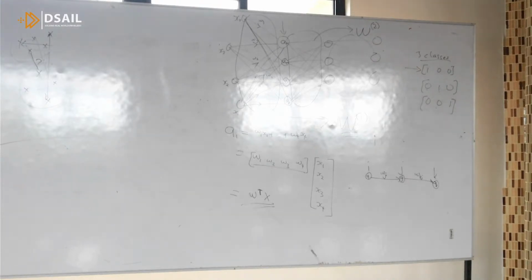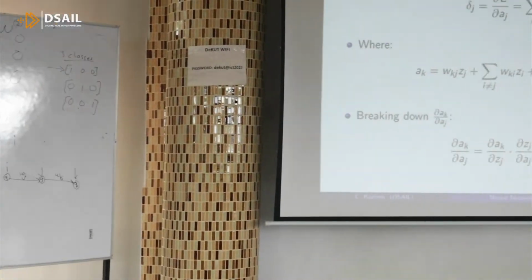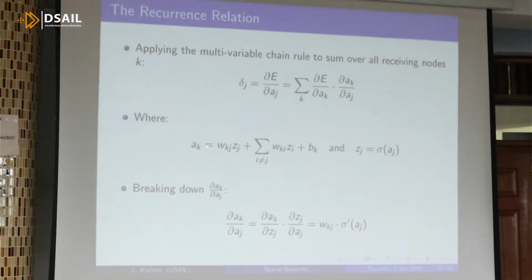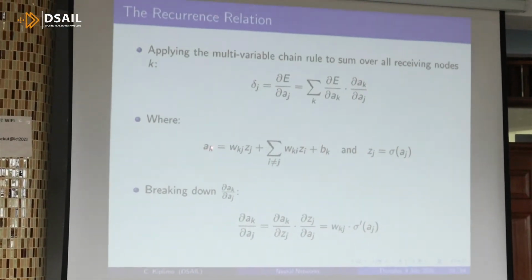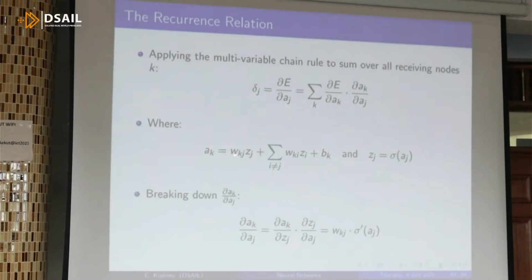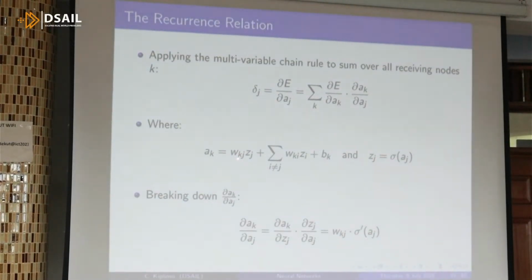When you look at that summation, we can take the output at AK as the sum of the weight WKJ multiplied by Zj, where Zj is the output of this neuron here, plus everything else.